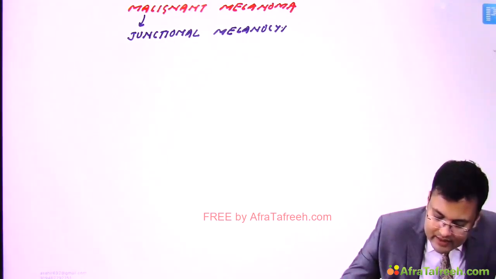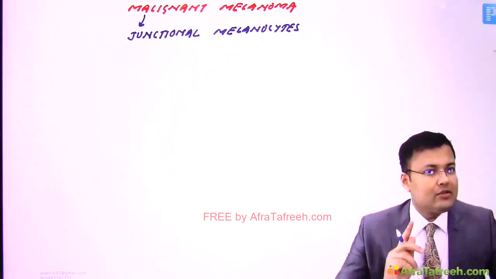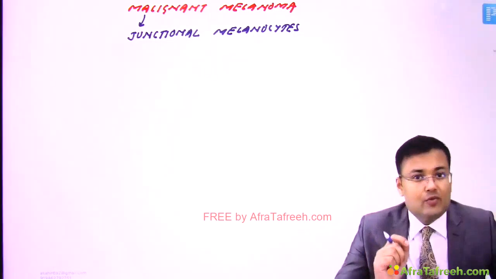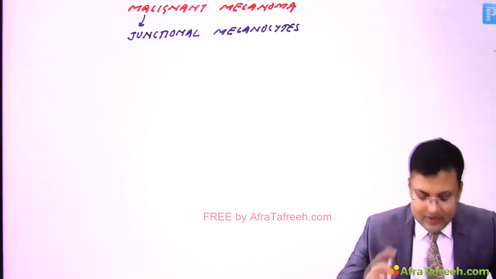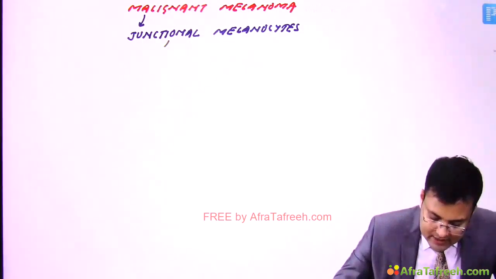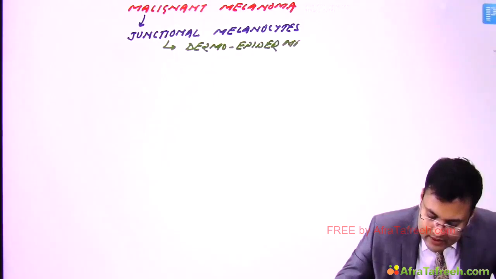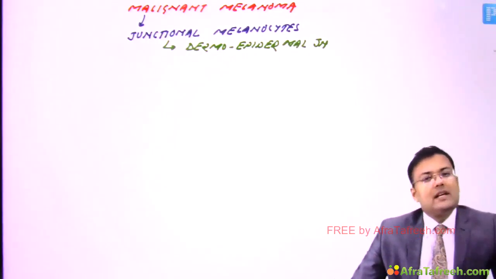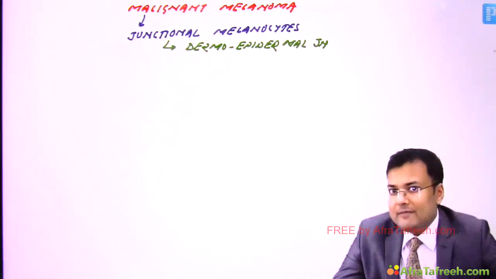Clear? And these junctional melanocytes, what is the location? These are located at the junction. Which junction? Dermoepidermal junction. Clear? Now see, what is the most common site in males and what is the most common site in females?